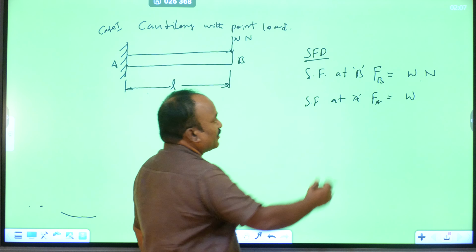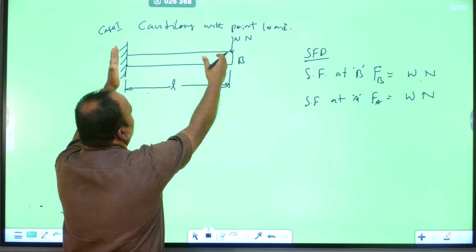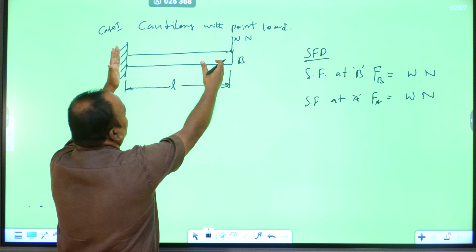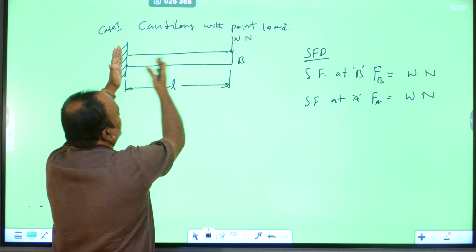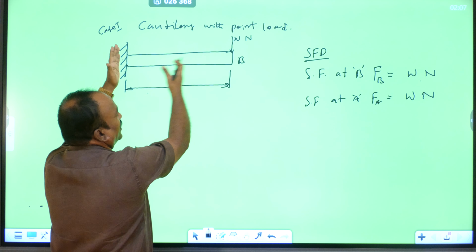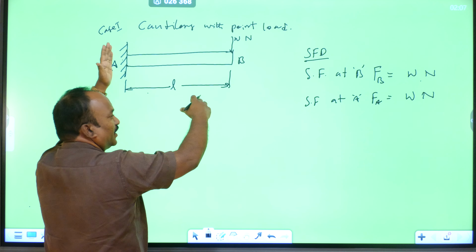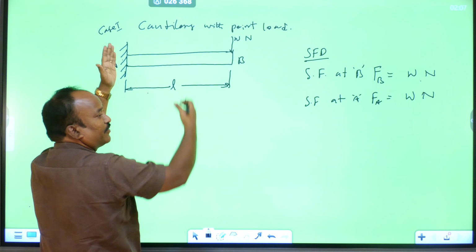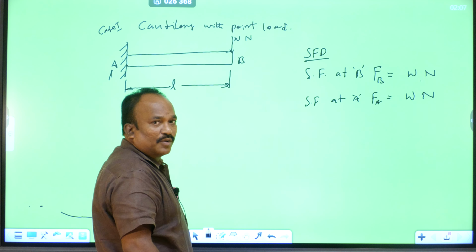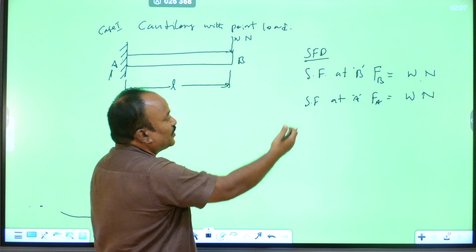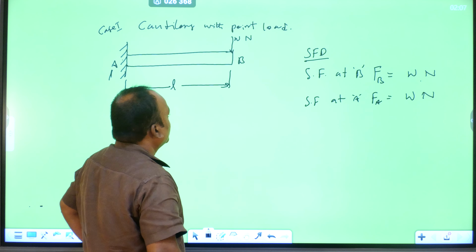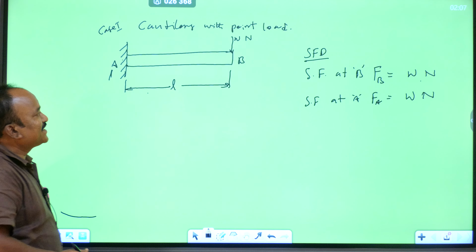The load acts downward, and the beam is in clockwise direction, so it is positive. Positive W newtons.